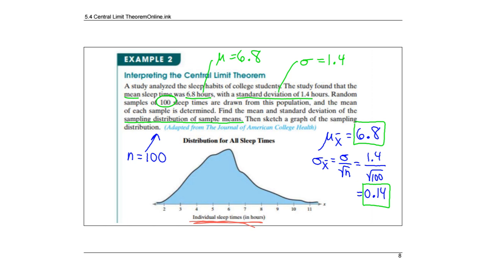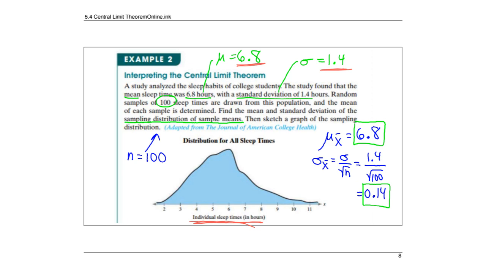They tell me the mean sleep time was 6.8 and the standard deviation is 1.4. Then random samples of 100 sleep times were drawn from the population, and the mean of each sample is determined. They want you to find the mean and the standard deviation of that sampling distribution.